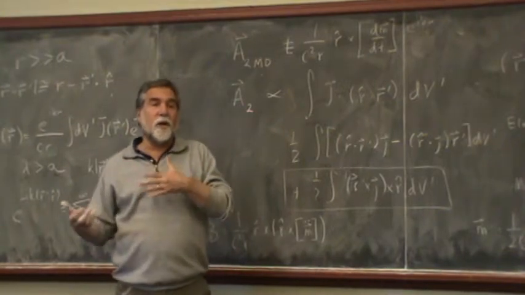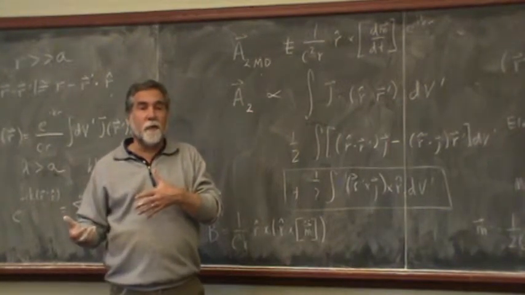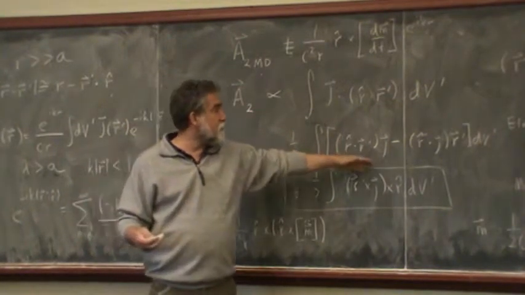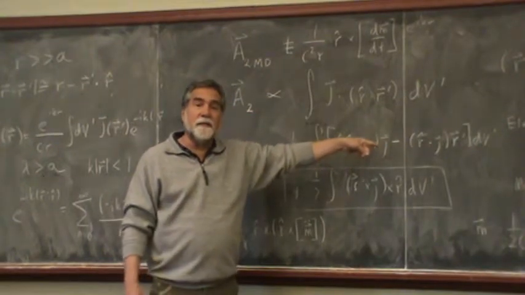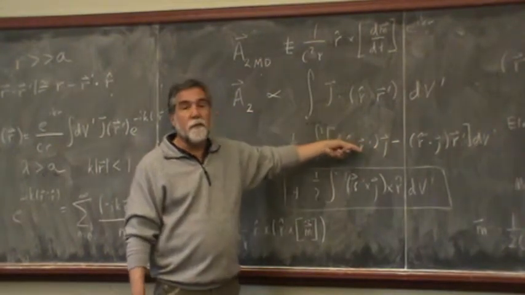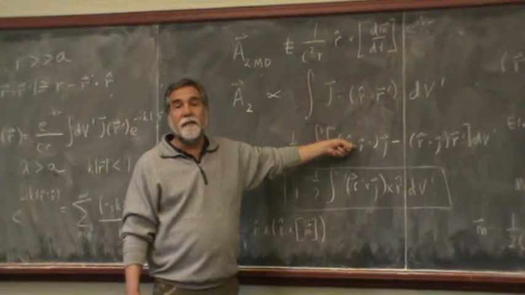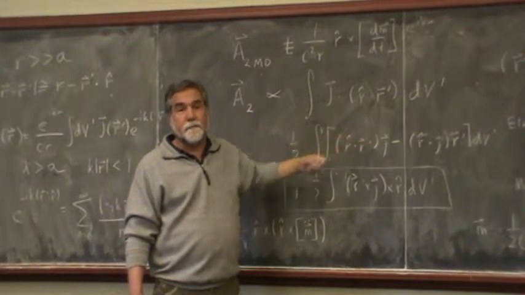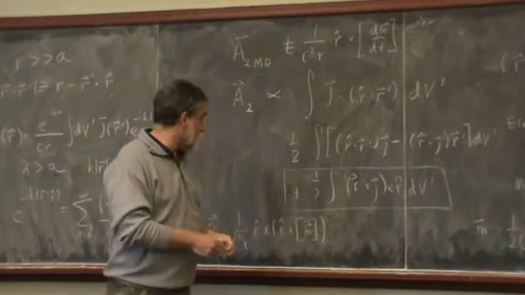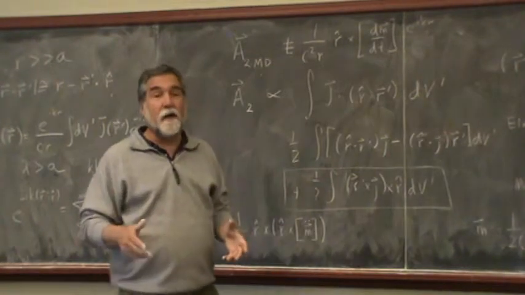We had charge distribution and we calculated the quadrupole moment before. Now we have current distribution, but the calculation is the same. So the next term that we would calculate would be due to the electric quadrupole, right? So then it gets complicated.